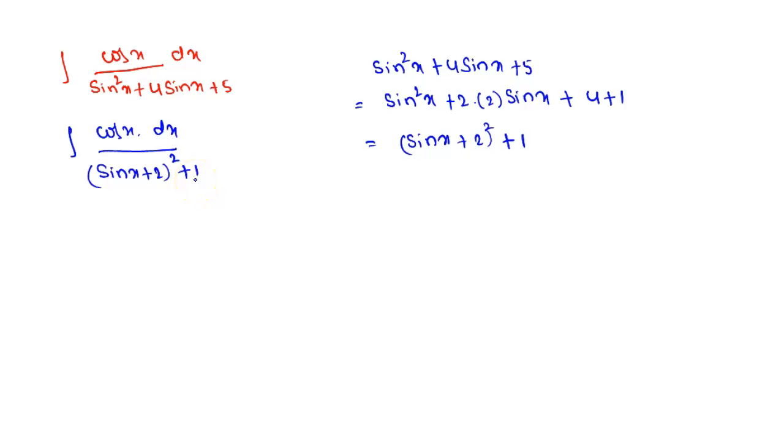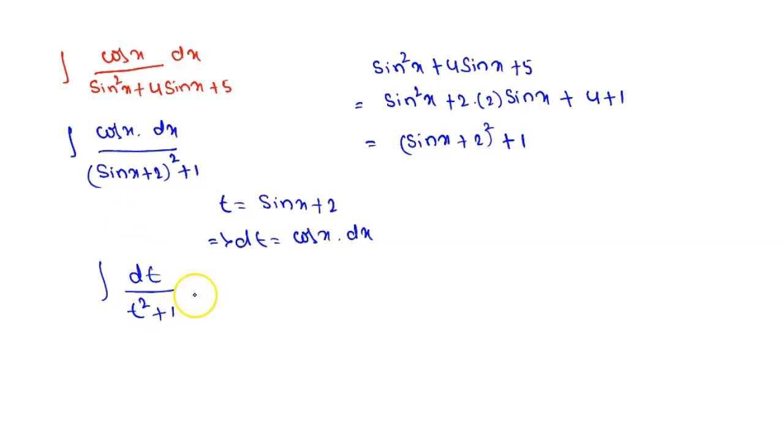So here what I am interested to take is t equal to sin x plus 2. Differentiate with respect to x, we are getting dt is equal to the derivative of sin x, which is cos x, into dx. So here the numerator is replaced with dt. So integral dt by the denominator part, t square plus 1.